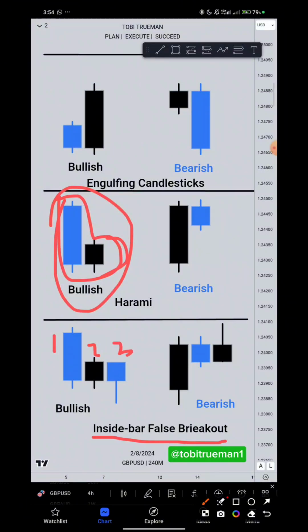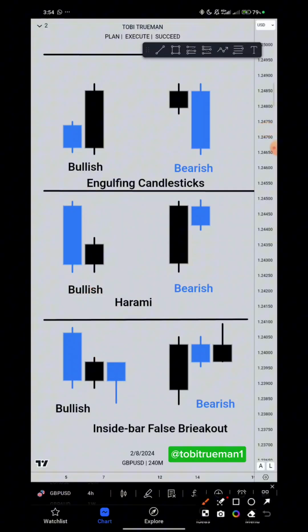Then the number 3 candlestick will be like a fake out, whereby price is trying to say, okay, this is supposed to be a bullish trend, but I want to invalidate this Harami candlestick pattern. If price wants to invalidate it, it will now give us number 3 candlestick, and this candlestick is called a hammer.